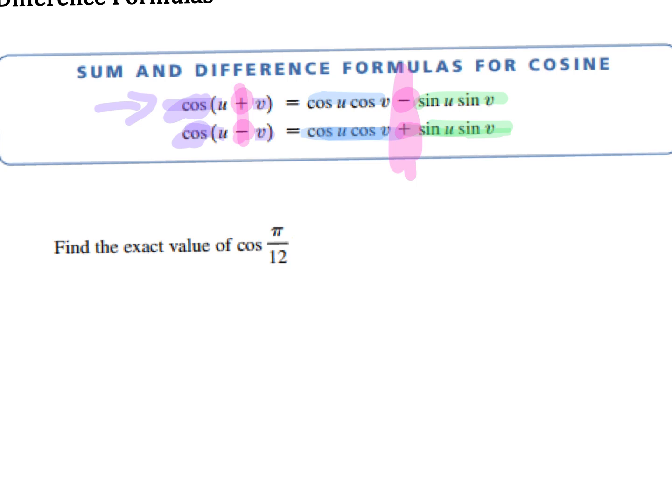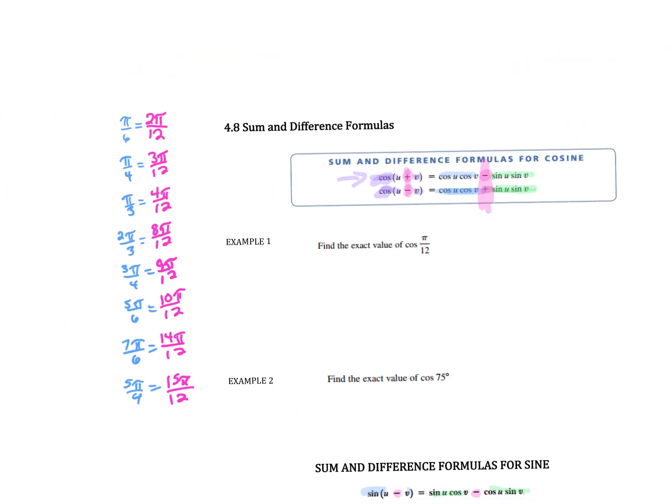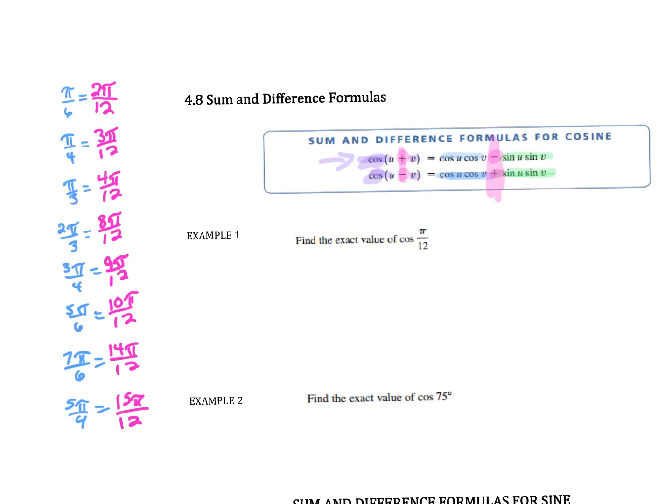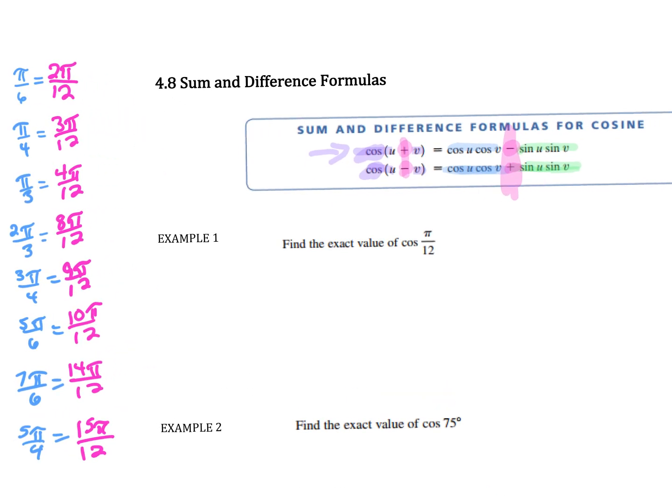We're asked to find the exact value for the cosine of pi over 12. We need to look at this list and come up with two special angle measures that, when we add or subtract them, combine to give us pi over 12.